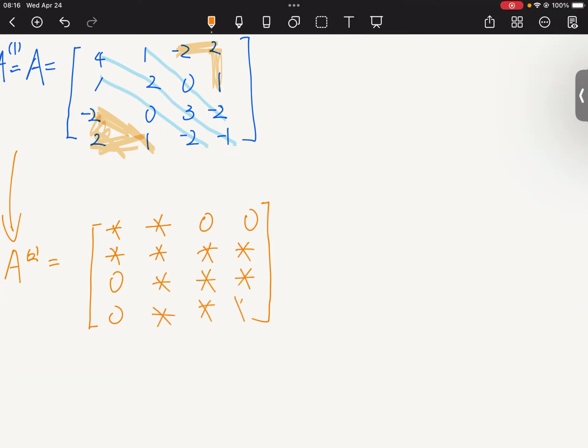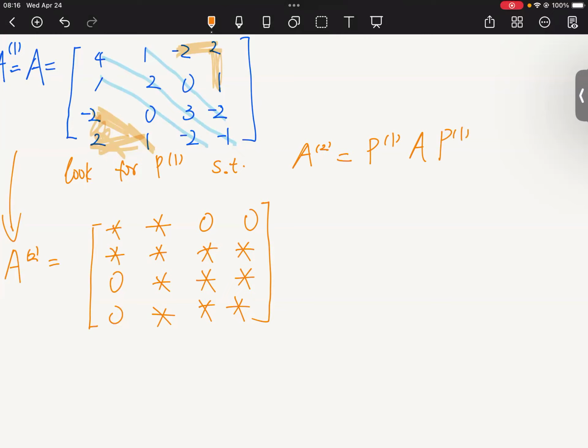And in the first iteration, we are looking for this: look for the P1 such that A2 equals P1 times A times P1. P is the Householder transformation.